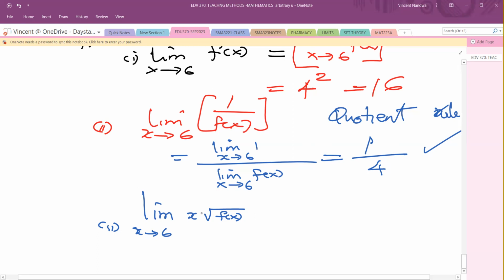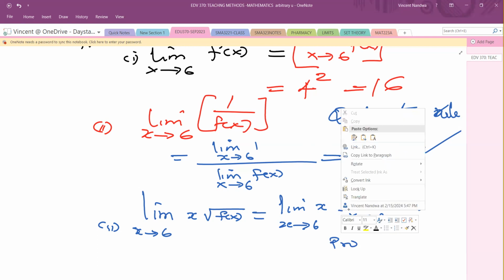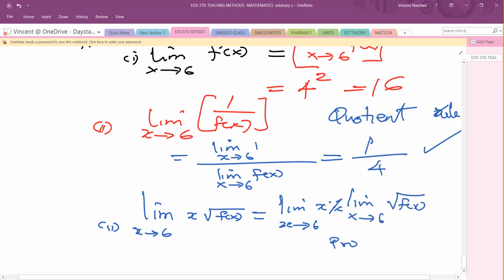You see there is x and there is root of f of x. So the first thing you say is this is the limit of x, and then we multiply by the limit of square root of f of x. Okay? So the first one here is the product rule. So this is this dot here. Product rule, because x is a function and then f of x is also a function.